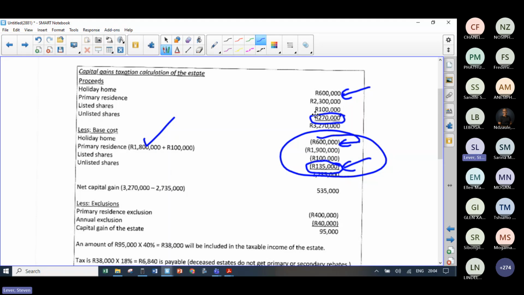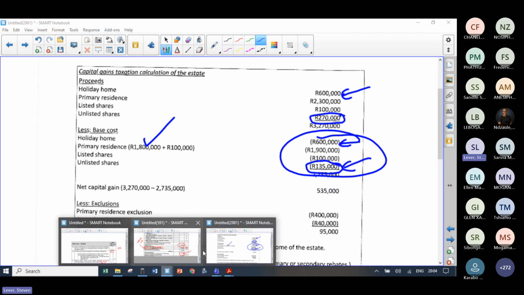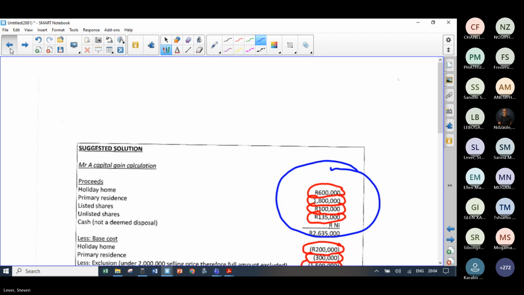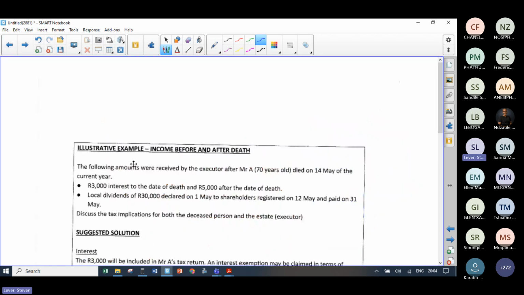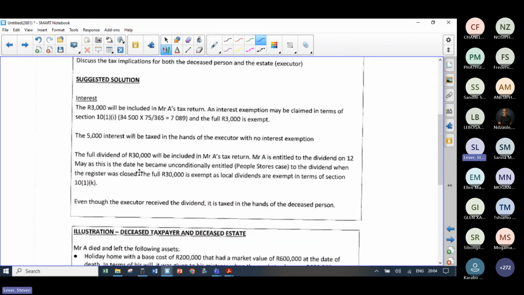With the primary residence, I just wanted to show you something. You will see, guys, with the primary residence itself, if the executor adds on to the base cost, look what happens here with the question. It's just normal rules for an executor, guys.